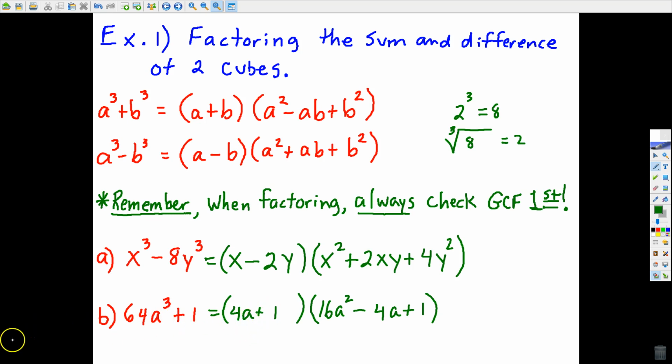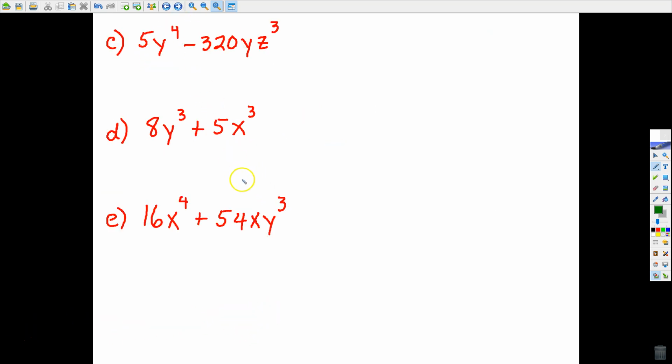All right. So moving on to some more examples. Here's letter C. Remember, it's so important that you train yourself to look for a GCF first. On the outset, you might be thinking, well, these are not two perfect cubes, so I can't employ that factoring method. But if you notice, there is a GCF here. 5 divides into both 5 and 320, and each of the terms have y in common.